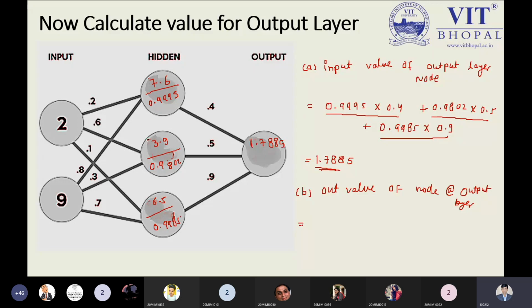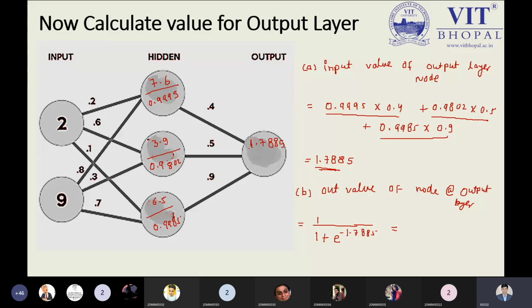If it is not mentioned in the question paper, by default you must use the sigma activation function. So we put 1 upon 1 plus e to the power minus 1.7885. Tell me what value you are getting.